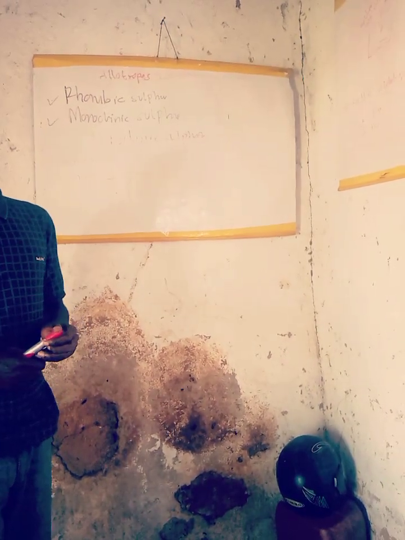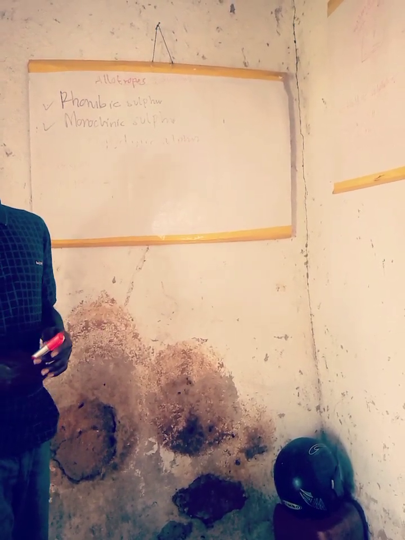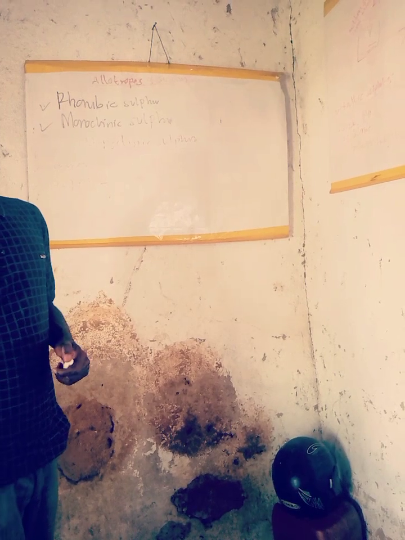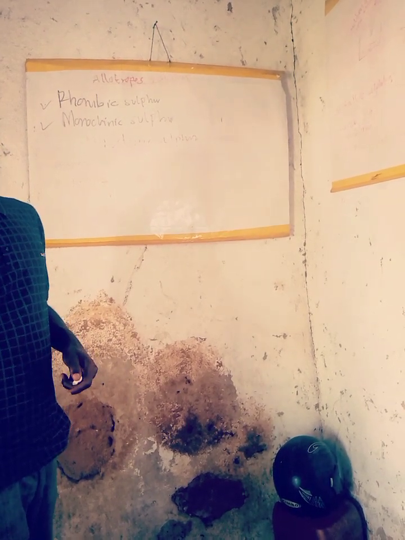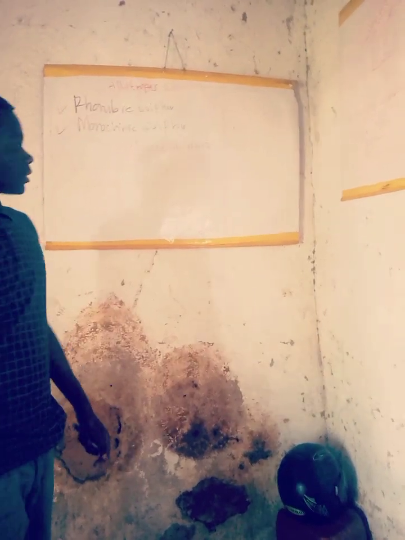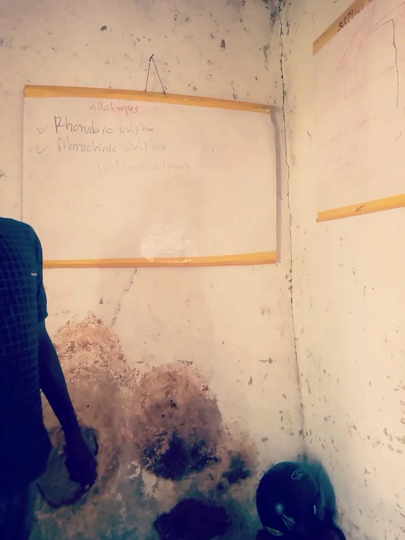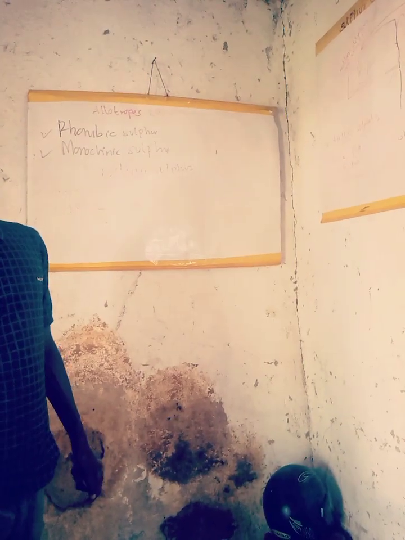It is a pale yellow crystalline solid with needle-like crystals. The second feature is that it has a melting point of 119 degrees Celsius and a density of 1.98 grams per cubic centimeter.